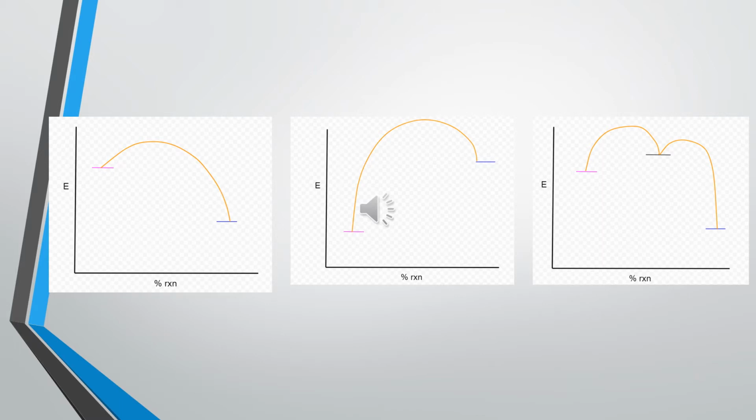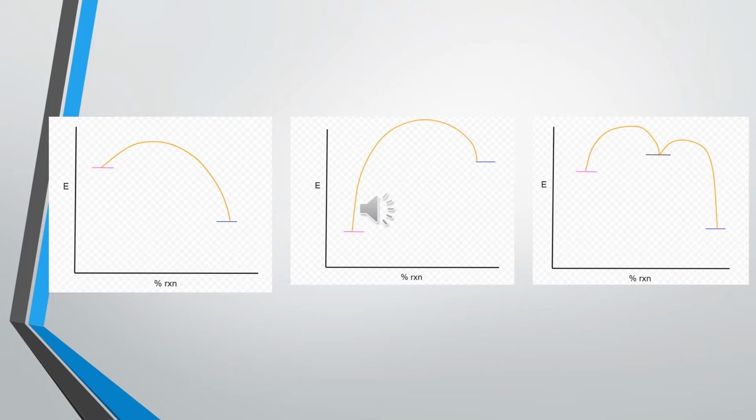All right, so if you said that the first diagram represented a one-step reaction mechanism that was energetically favorable, you're absolutely right. And it's because we see that the products are lower in potential energy than the reactants, right? And there's a direct path from reactants to products.